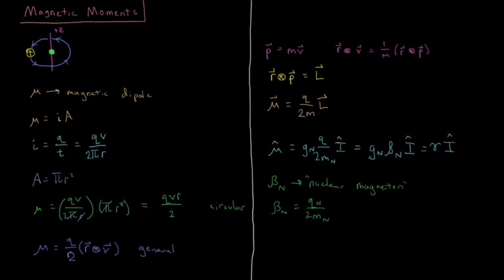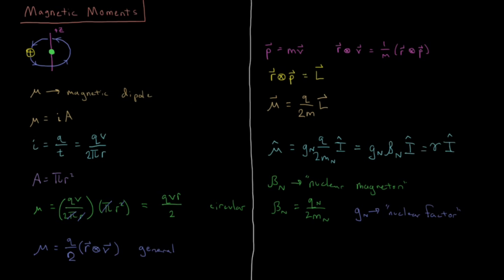And then we have another value which depends on which specific nucleus you're talking about, Gn, which is called the nuclear factor, which is just a value for each specific nucleus. So H1 has a different value than H2, carbon-13 has a different value than both of those, and carbon-12 has a different value from all of those. Each individual nucleus, depending on its number of protons and neutrons, has a different value for Gn.